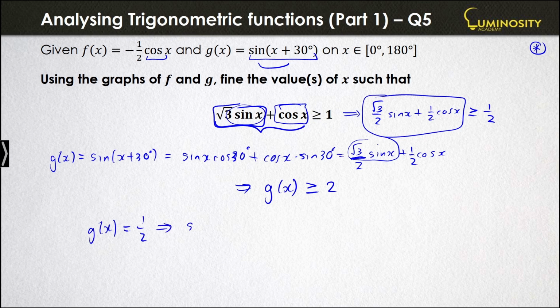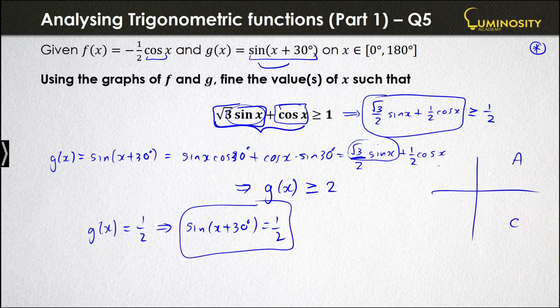So we're solving the equation sine of x plus 30 degrees equals a half. So this is a trigonometric equation. Okay, so in our CAST diagram, positive a half, so sine is positive in the first and the second quadrants. So therefore the reference angle will be sine inverse of a half, which is 30 degrees. So in the first quadrant, we're going to have x plus 30 degrees, the entire angle, must equal 30 degrees plus k times 360, the period of sine.